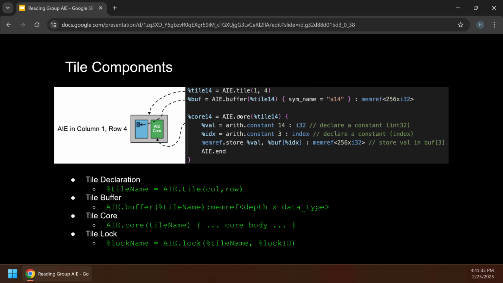For example, we can use arrays or memrefs to write or transform, to get the per-core instructions. That's one of the benefits of using MLIR, so that we can port different types of dialects into this flow as long as they are supported by the MLIR compiler.